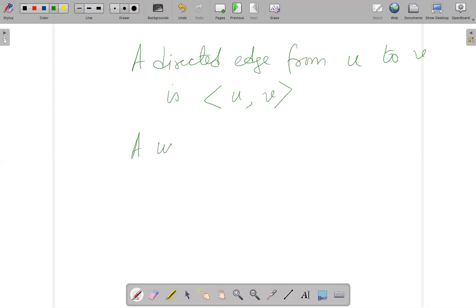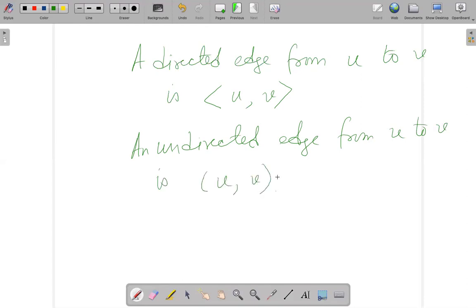An undirected edge from U to V is usually represented using parentheses.